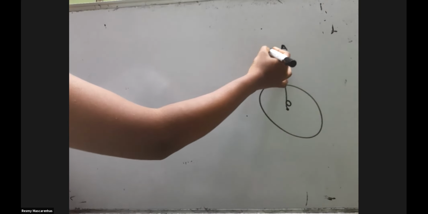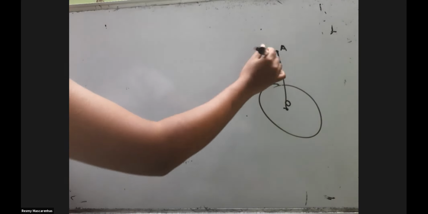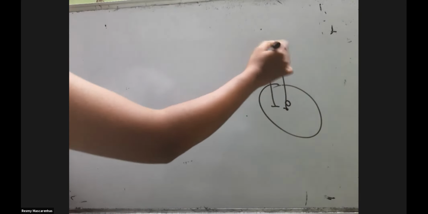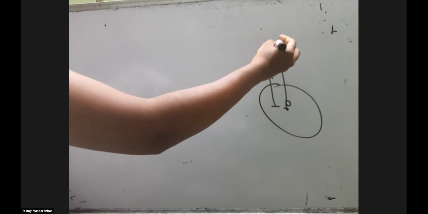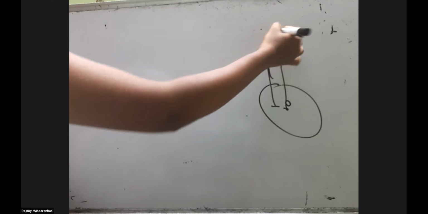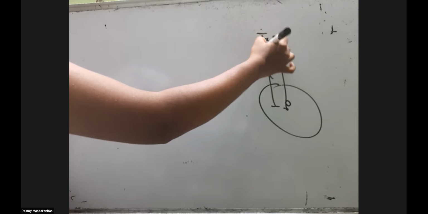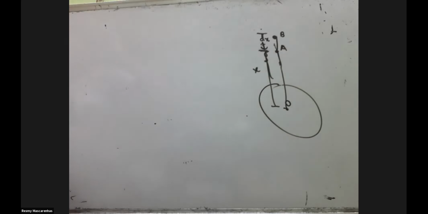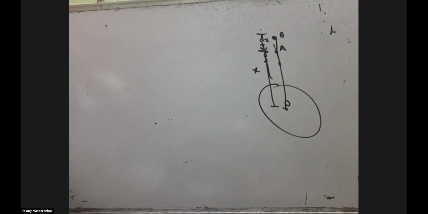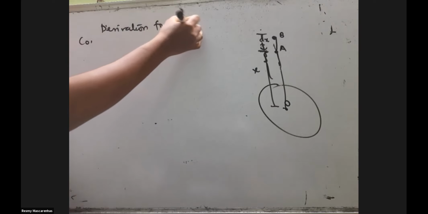So this is, suppose, distance x. And then you are moving it by a small distance. Same thing you have to write starting. So this is the derivation for escape velocity.